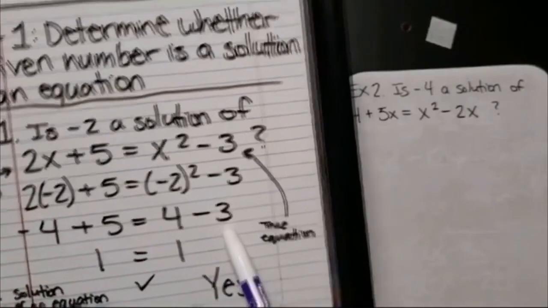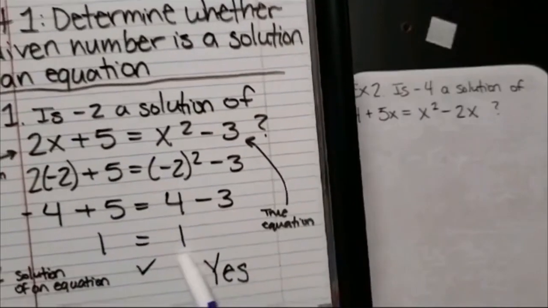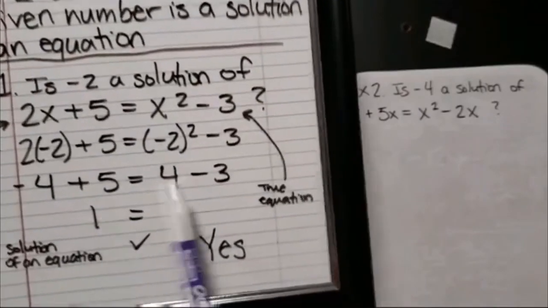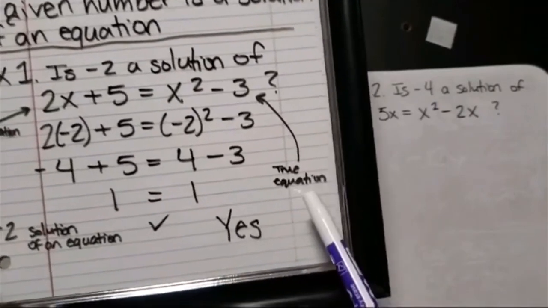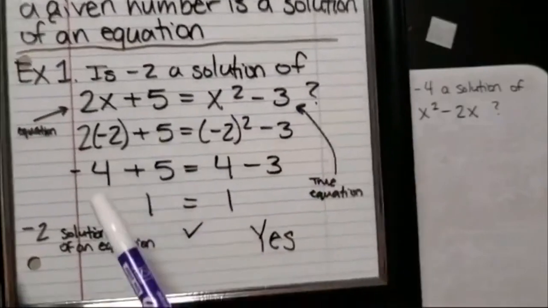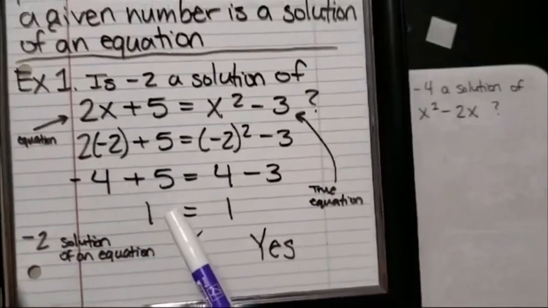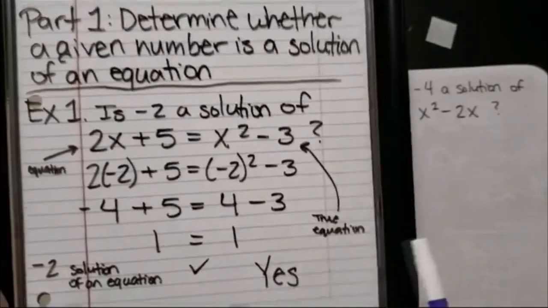Then we bring that -3 down, and 4 minus 3 is 1. So because both sides of the equation equal, this is a true equation, and the answer to their question is yes, -2 is the solution of the equation, okay?